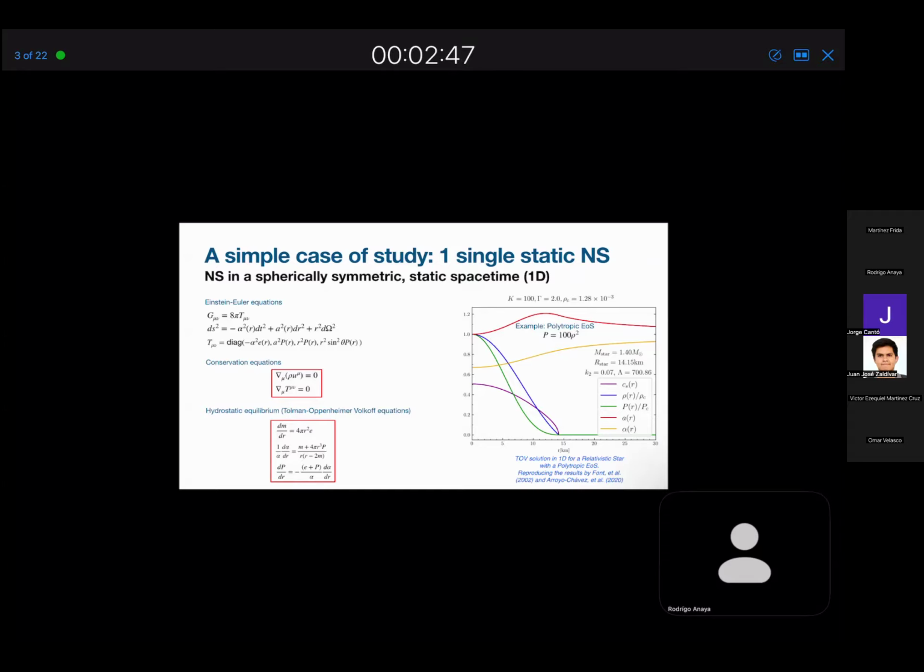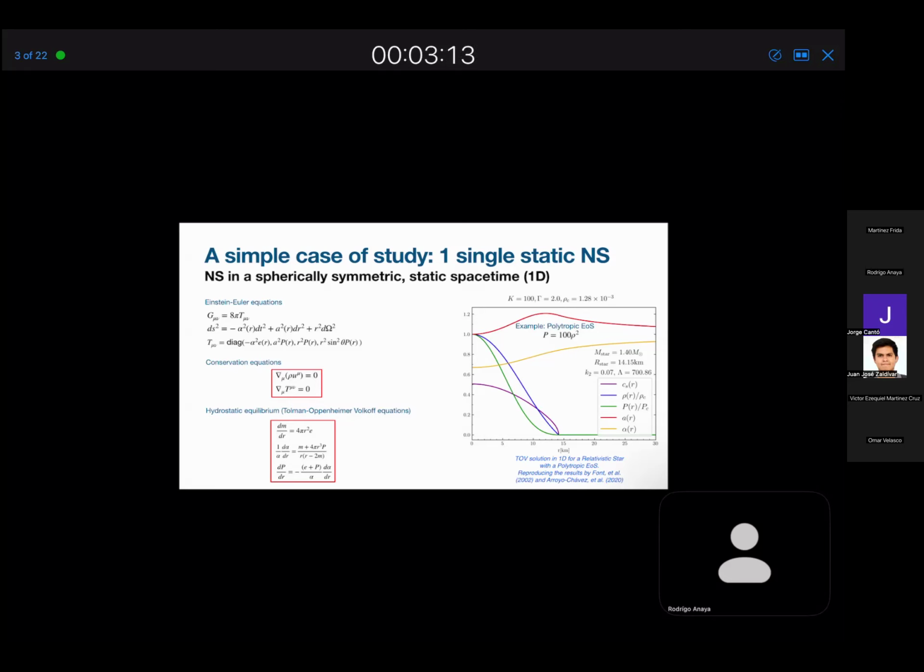As we can see, we have the speed of sound, the rest-mass density, the pressure, and the metric components, all against the coordinate radius. And we can see, for example, where we find the boundary of our neutron star for this equation. Also, this is a code I developed by myself.